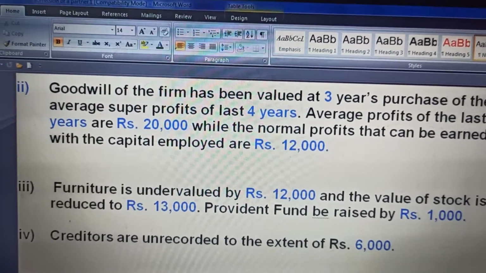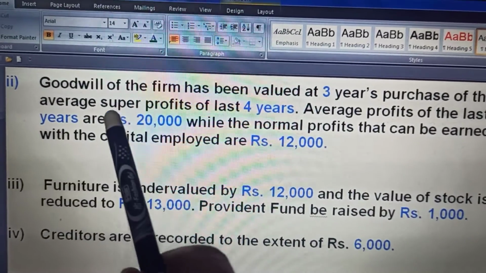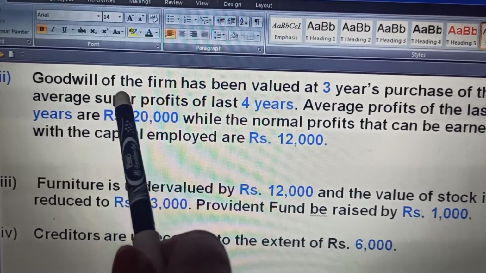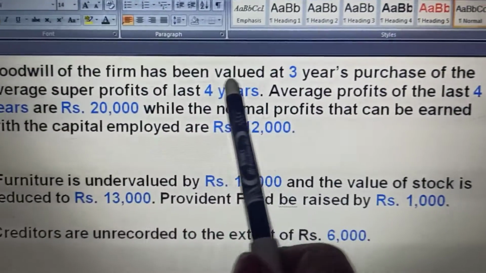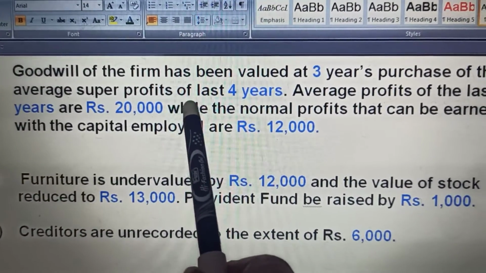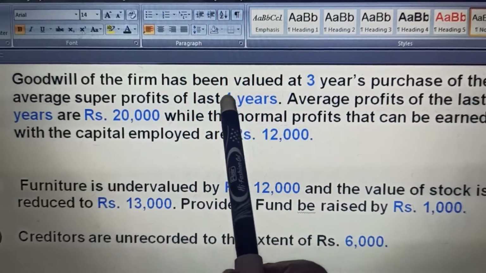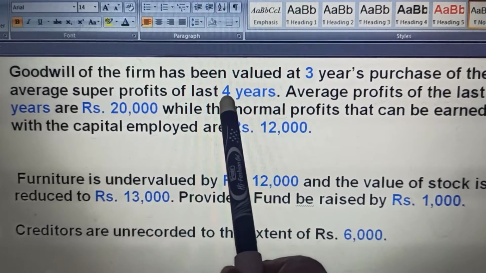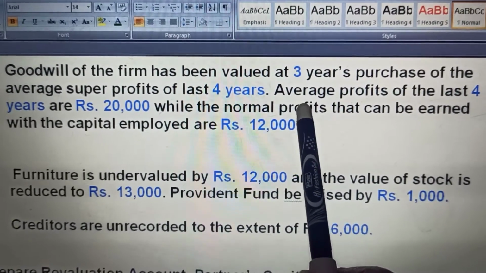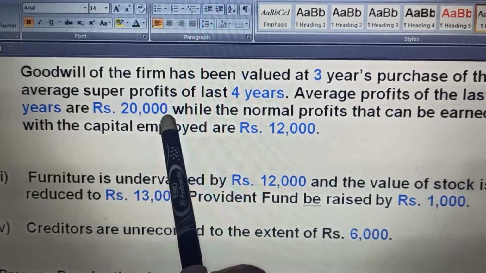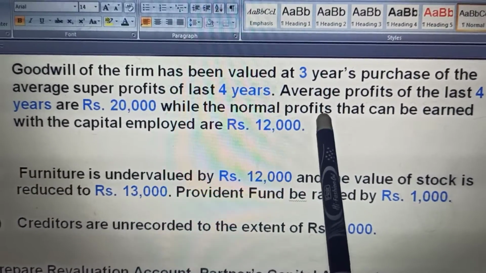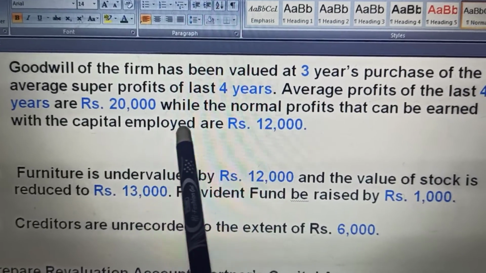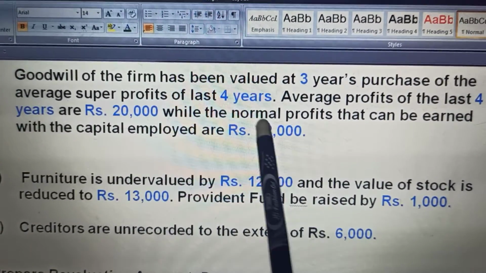Proceeding, the next adjustment on his arrival states, goodwill of the firm has been valued at 3 years purchase of the average profits of the last 4 years. 3 years purchase, last 4 years profits, and the average profit of the last 4 years have been calculated and given to us, while the normal profits that can be earned with the capital employed are rupees 12,000.